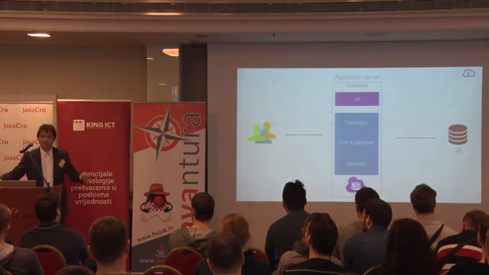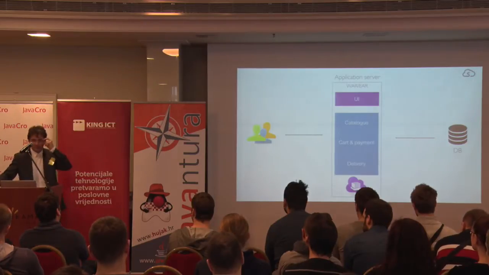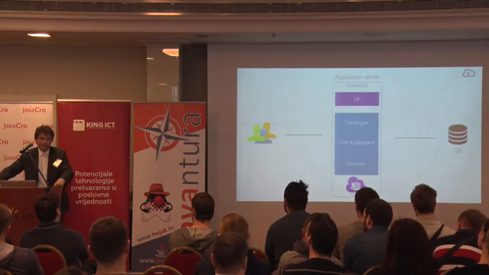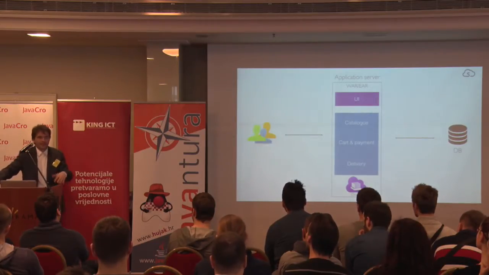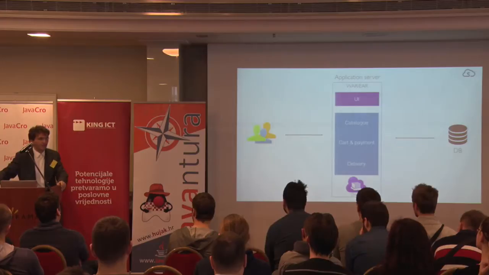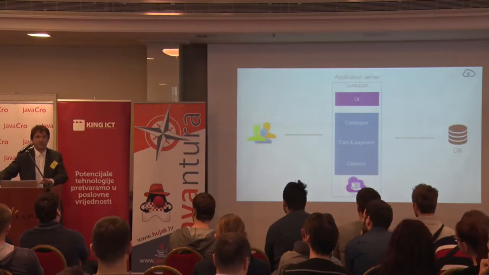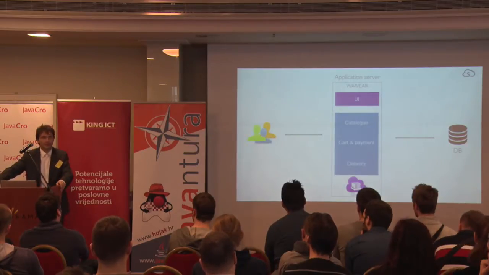But for each and every web store, I would argue that there are certain components which are used more often than the other components. What do you think? What would you think if I would say that the catalog and browsing the catalog in a web store would be a much more often used functionality than the payment and delivery, for example?